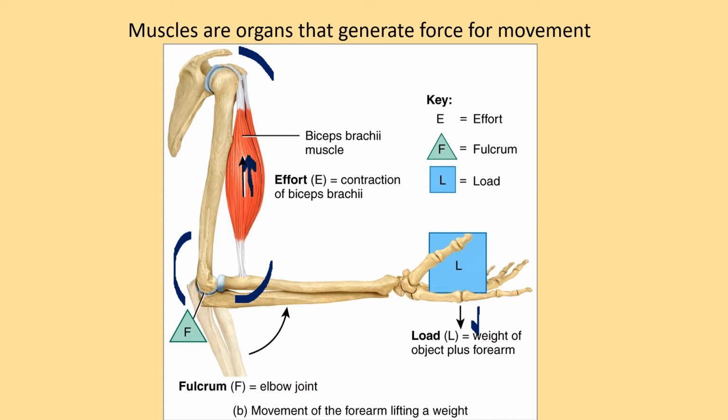So the load, let's imagine that this blue box in the hand is some type of weight, and the load resists the movement of the skeletal muscle. So the effort, or the amount of tension that's generated by the muscle, in order to move the load, the muscle needs to generate enough tension to overcome the load.